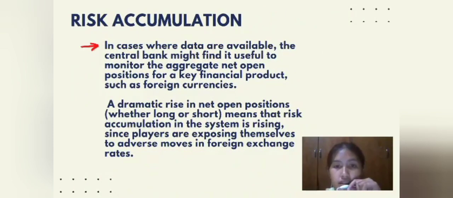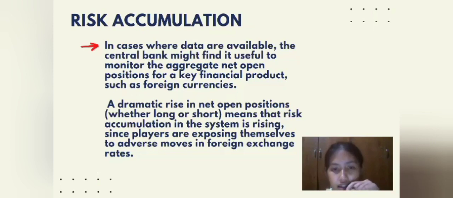I am assigning the risk accumulation. Risk accumulation, in a case where the data are available, the central bank might find it useful to monitor the aggregate net open position for a key financial product, such as foreign currencies.